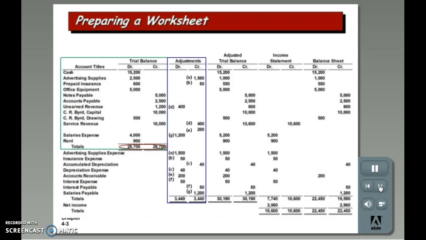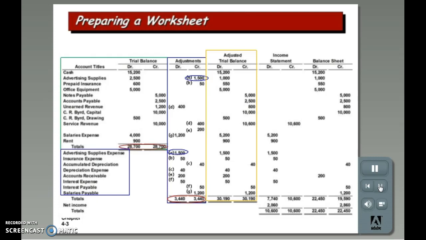Adjusting entry A reflects the adjustment for supplies and includes a debit to advertising supplies expense and a credit to advertising supplies. The total debits and credits are $3,440.